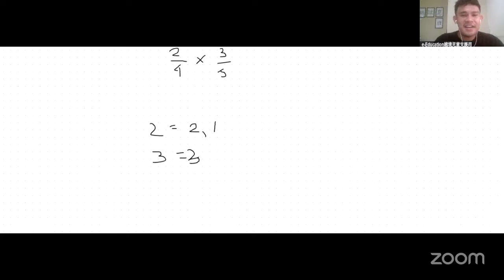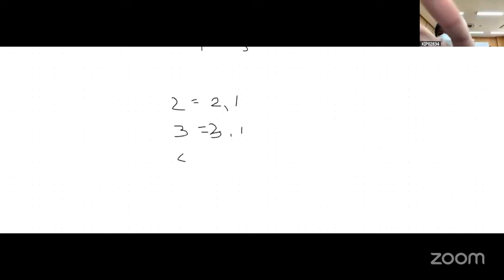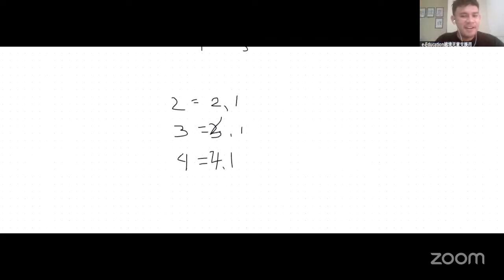Another is 1, right? How about 4? What numbers can we divide by 4 that the result would be a whole number? 2, 4, exactly. Another, 1, and more.